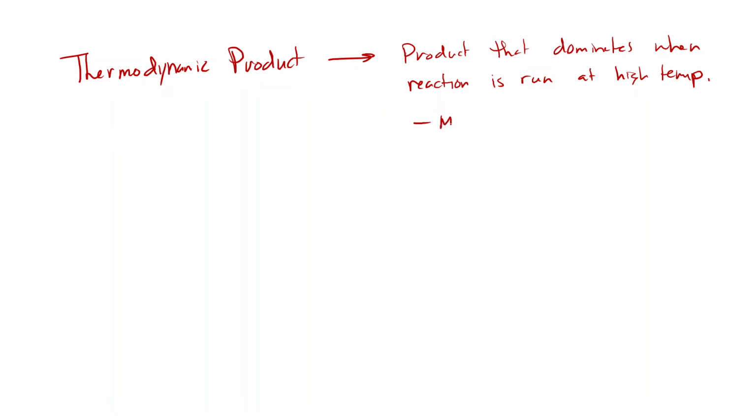It is the most stable product. And when we're talking about conjugated systems and doing addition reactions like the one that we just did, right, that means this is the alkene attached to the most carbons.